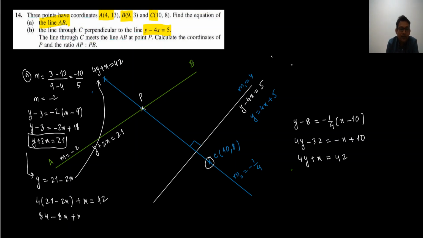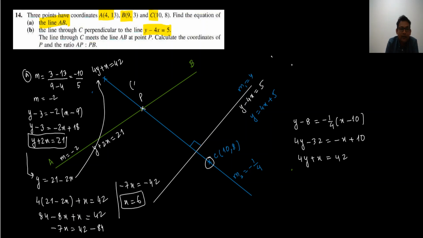Sometimes mistakes are possible, so sorry for that. This is minus 7x, and 42 minus 84 is minus 42, so minus minus cancels out and x is 6.